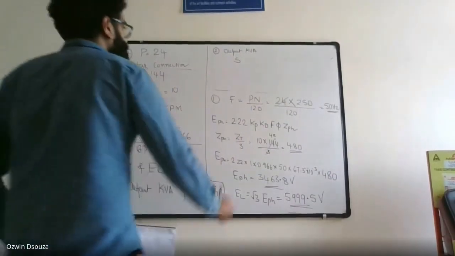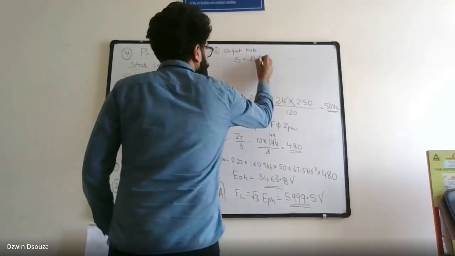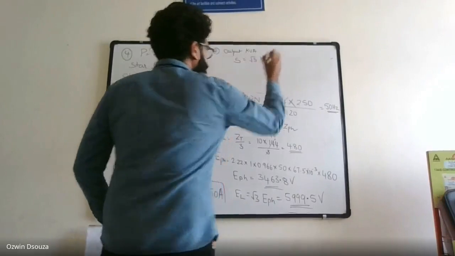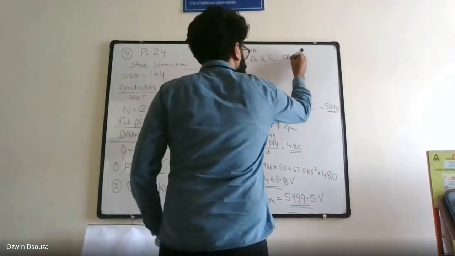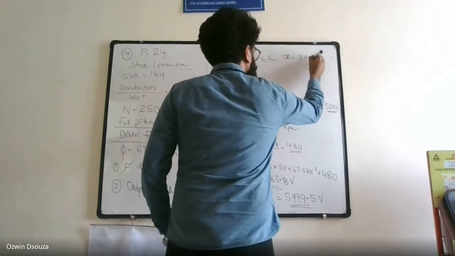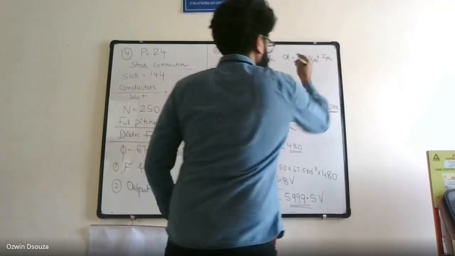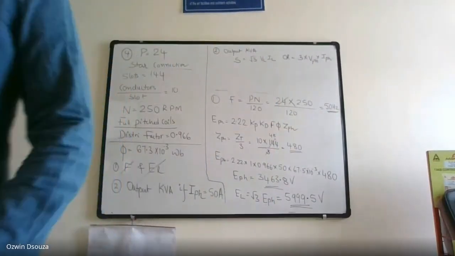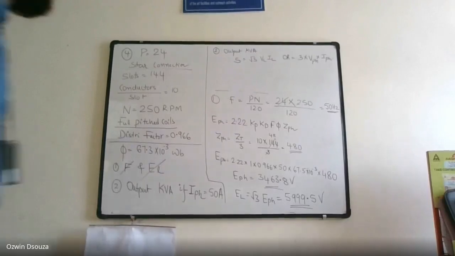So S is equal to √3 VL into IL. Or you can also find S as 3 into V phase into I phase. Any formula you can use.